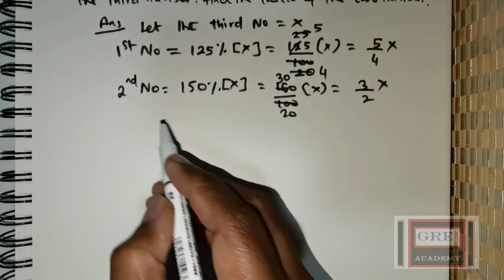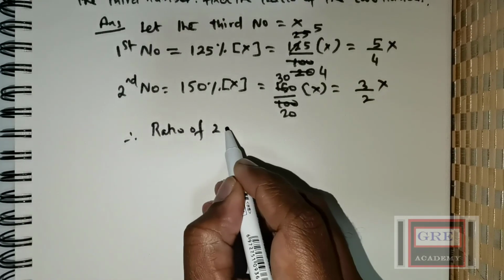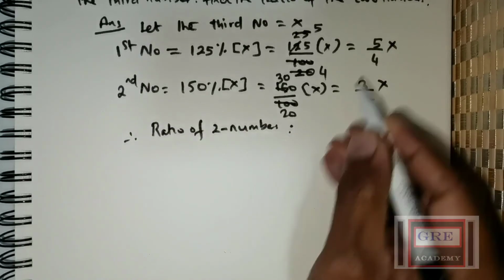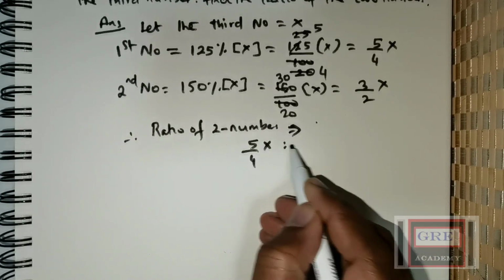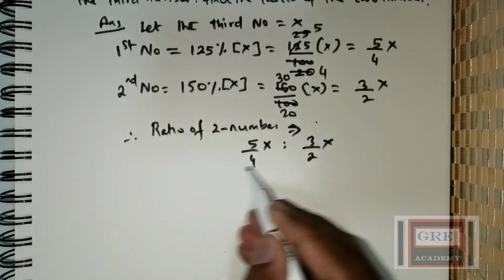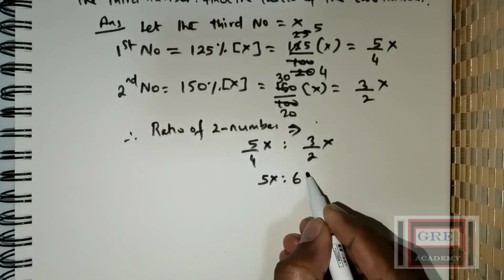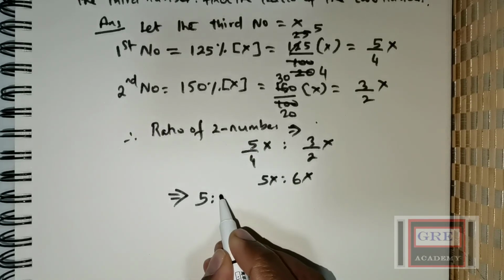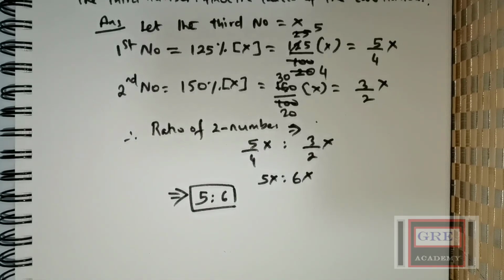Now we are expected to find the ratio, therefore the ratio of the two numbers will be, the first number 5 over 4x is to the second number 3 over 2x. Now this can be further reduced by using the LCM. That is going to be 5x is to 6x, which can finally be reduced to 5 is to 6. So this is the final answer to the question.